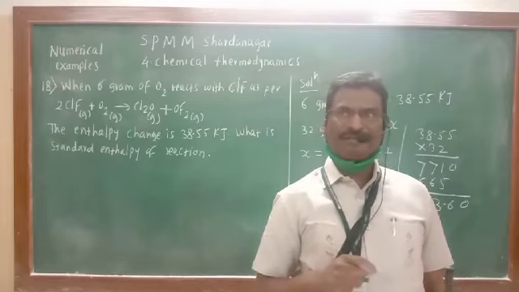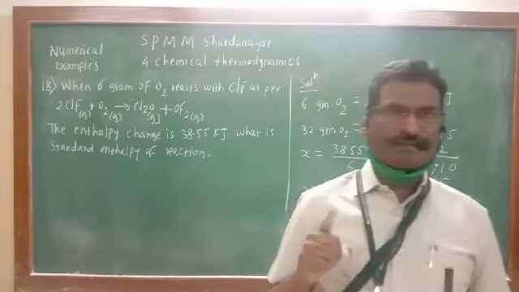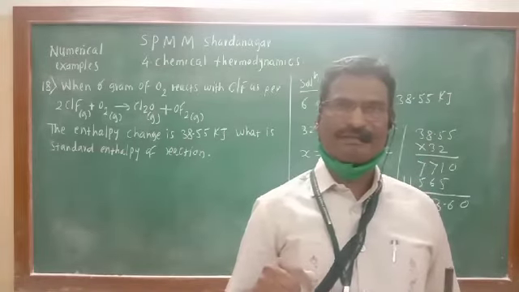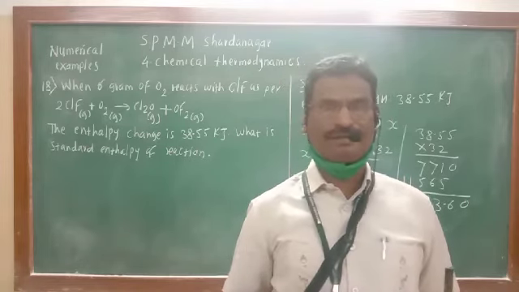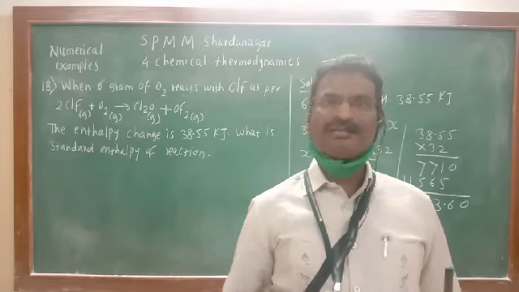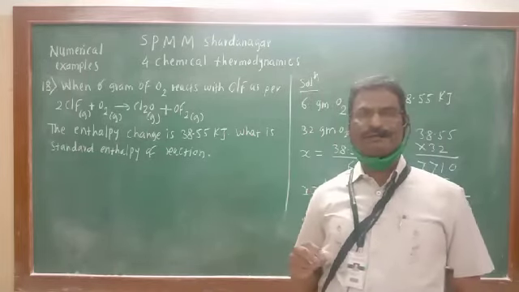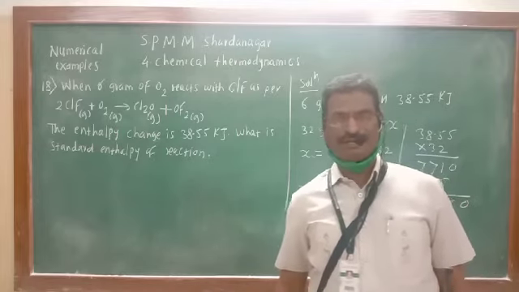That is the enthalpy change whenever only one mole of substance is formed from its constituent elements under standard conditions of temperature and pressure. We must know these basic definitions in order to calculate the enthalpy change during any type of chemical reaction.